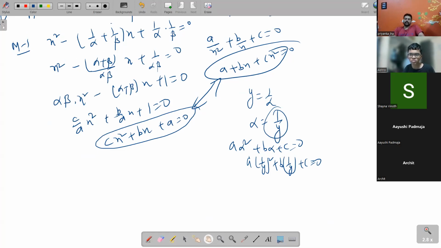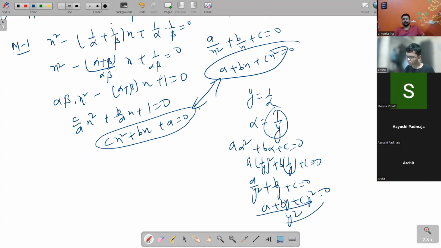See, just take LCM: a by y square, b by y, plus c. Take LCM, cross multiply, the right side is multiplied by 0 and gone. So cy square plus by plus a equal to 0. Just replace y by x. This is simply a variable. So cx square plus bx plus a equal to 0.